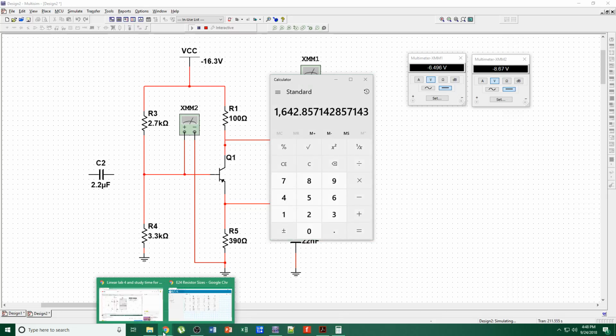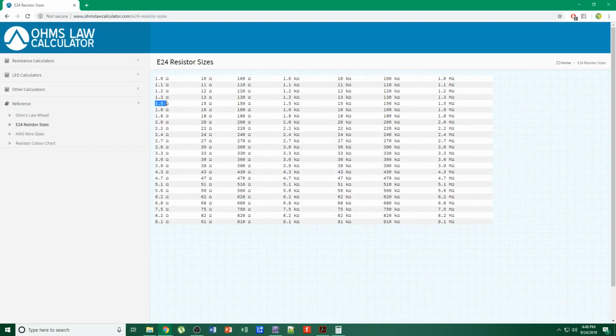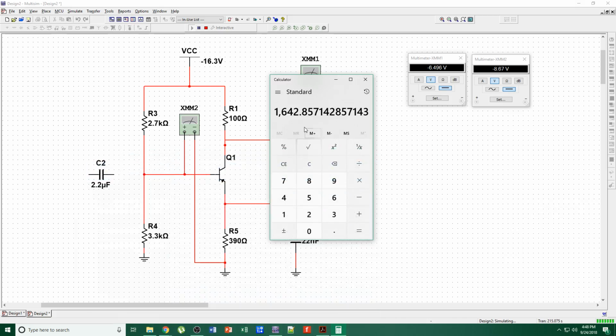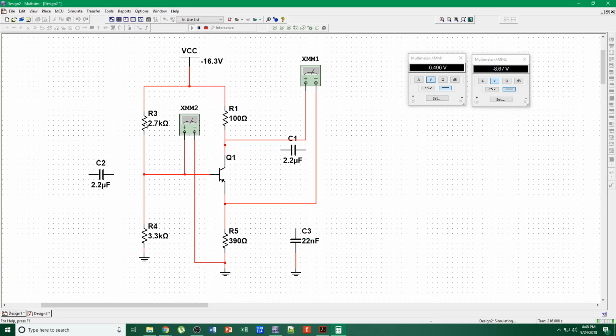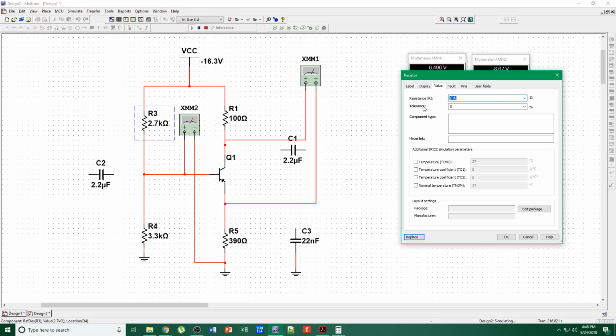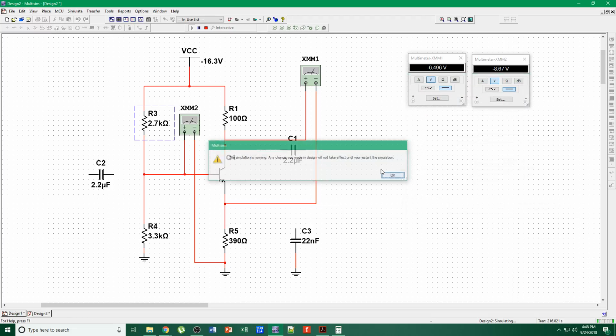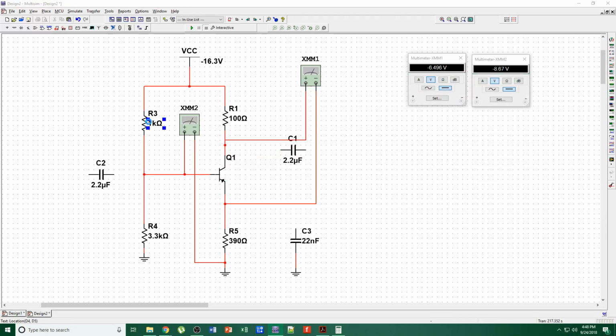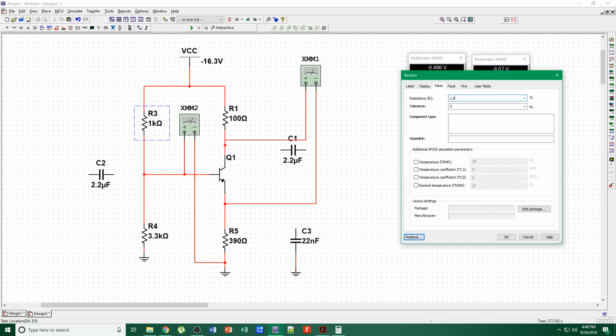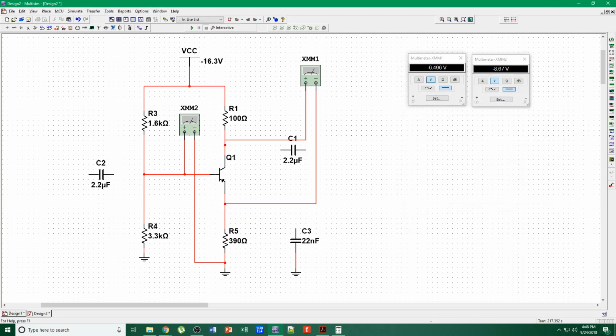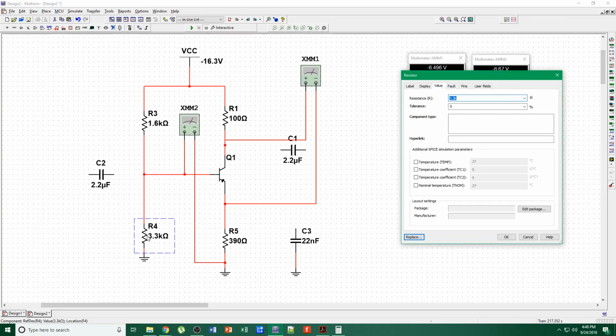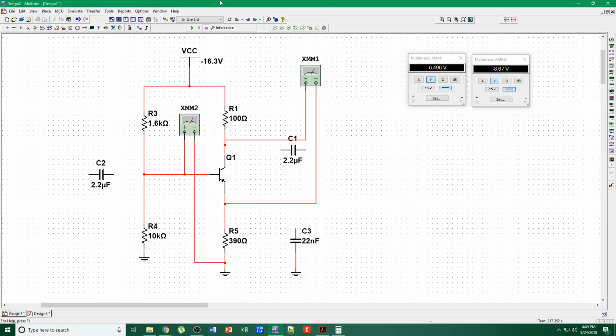If we look at the R values, 1.5, 1.6 exists. 1.6K. So I could use a 1.6K for my R1. So this goes to 1.6K, and this is at 10K. Let's try it now.